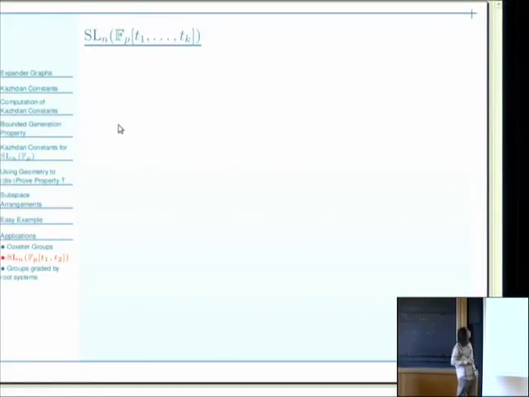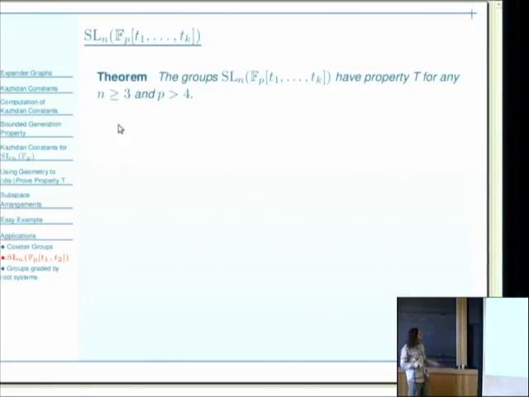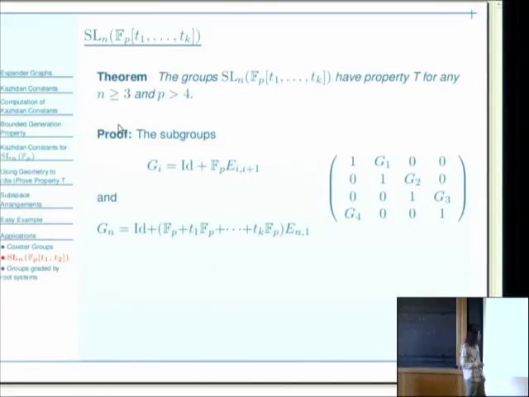Okay, so let's do another example. Let's prove that SL_n of F_p[t_1, ..., t_k], with some number of variables, has property T. I'm going to be a bit lazy and assume that p is more than 4, because I don't want to do crazy stuff. What you do is take a group, and inside this group you pick a bunch of finite subgroups.